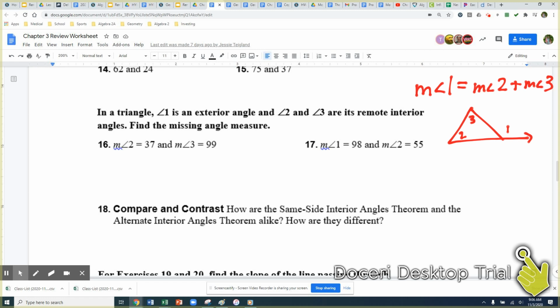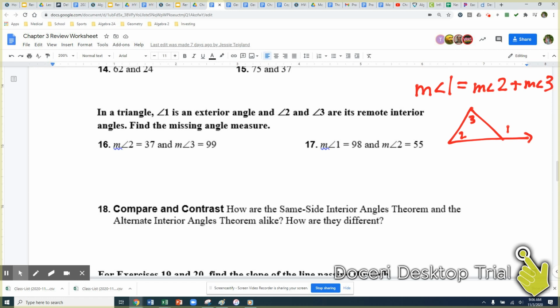Then we're just going to fill in the information we have. If we look at number 16, it says that angle 2 is 37 degrees and angle 3 is 99 degrees. We've got to find the missing one, which is angle 1. Well, if 2 is 37, that's a remote interior. 3 is 99, that's a remote interior. These two remote interiors are going to add up to angle 1.